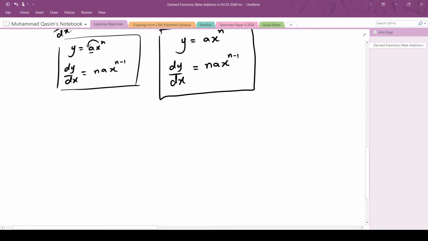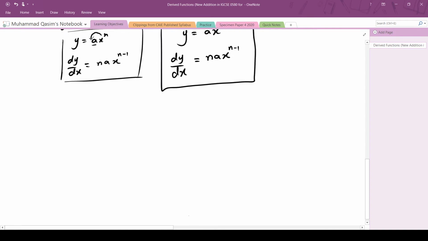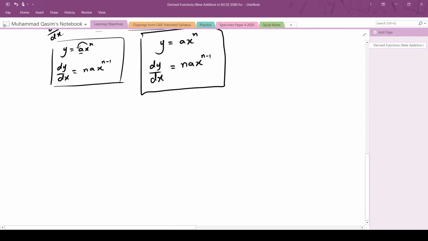Along with this general rule, let me give you some supporting formulas, or you can say the special cases or the facts. Whenever you have y equals just x, meaning the coefficient of x is 1 and the power of x is also 1, the derivative is always going to be equal to 1.